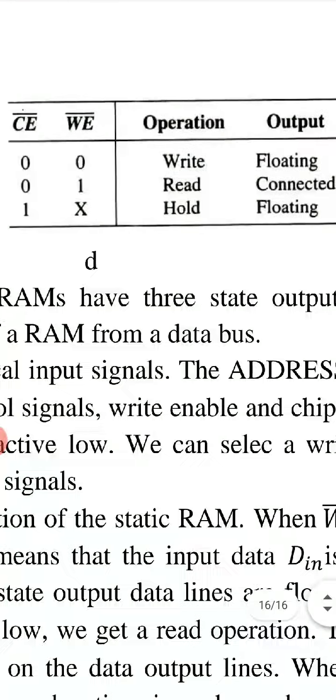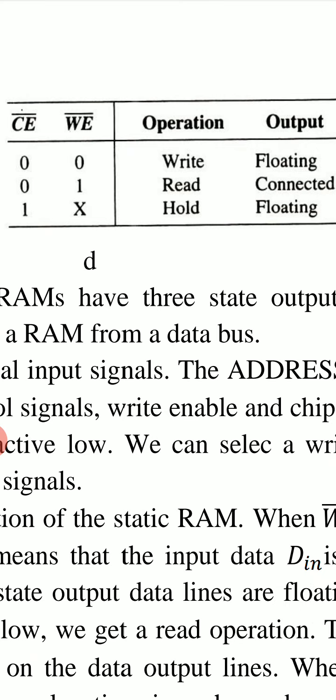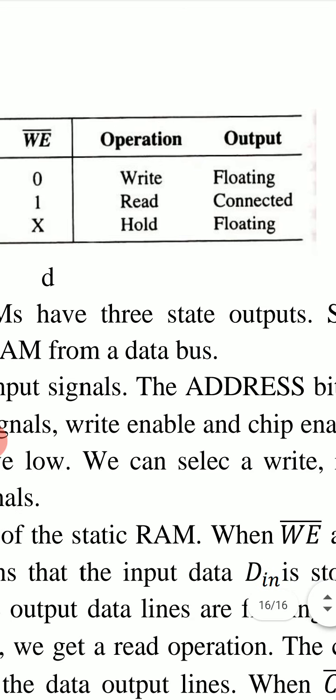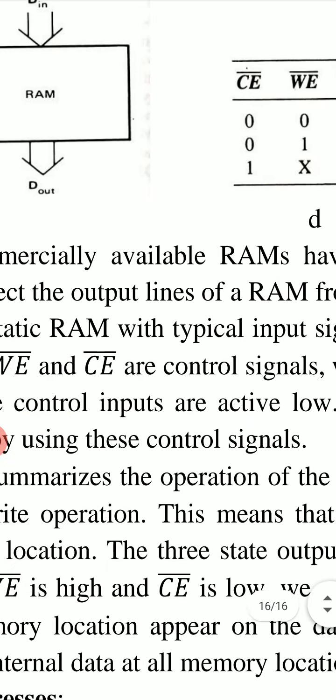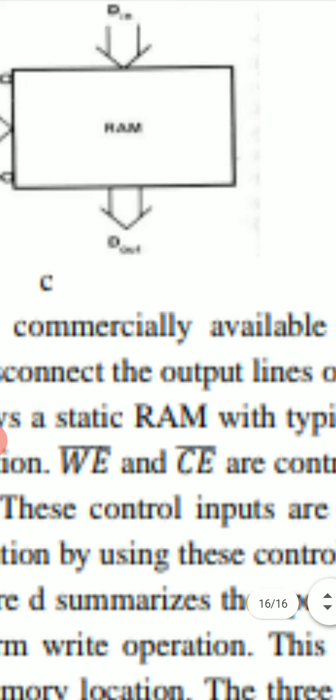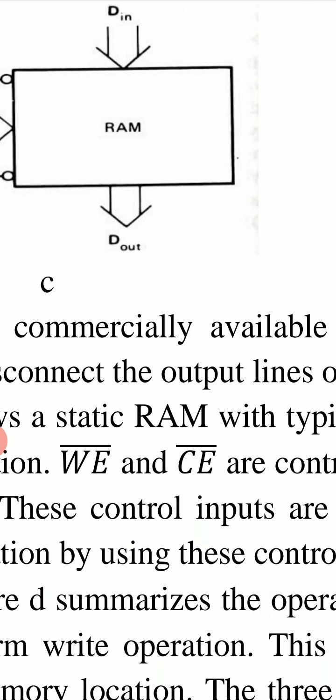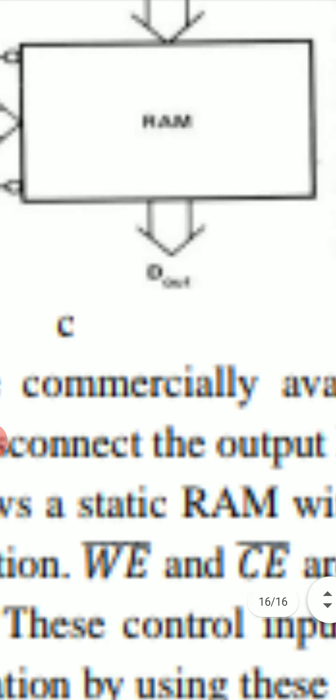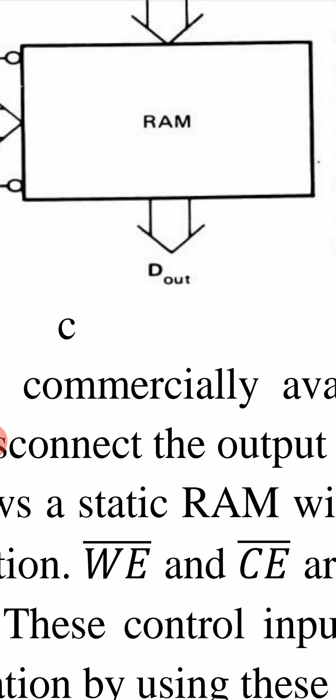When CE bar is 0 and WE bar is 1, it will perform the read operation and the output is now connected. It is not floating. Output is connected. It means we can see this D out, output data. So this is the read operation. We can read the data of an addressed memory location here in D out in the output line.